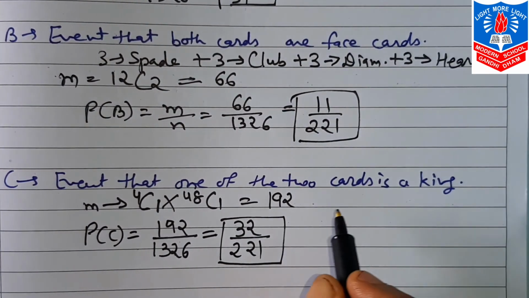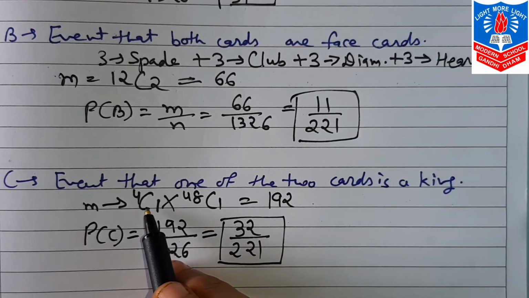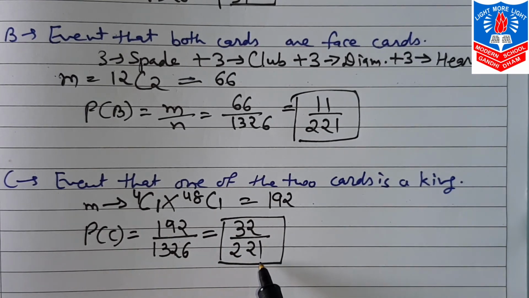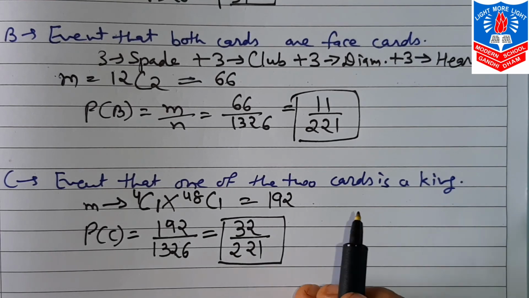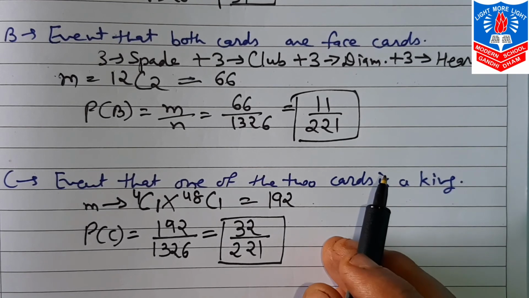So this way, one card out of 2 is a king and the other is another card. So 4C1 into 48C1, this way 32 by 221.